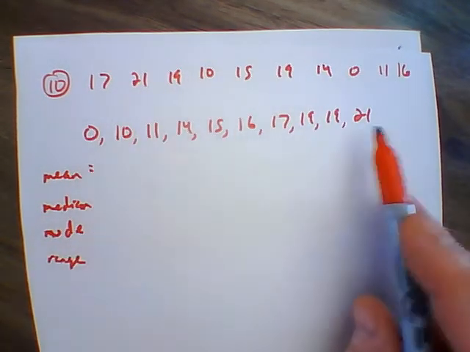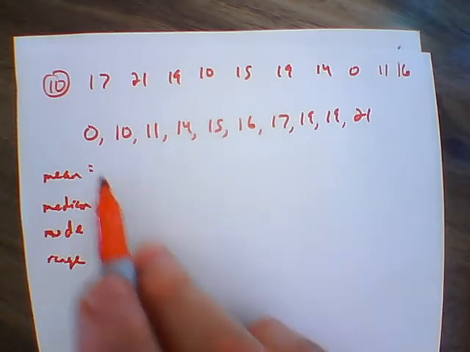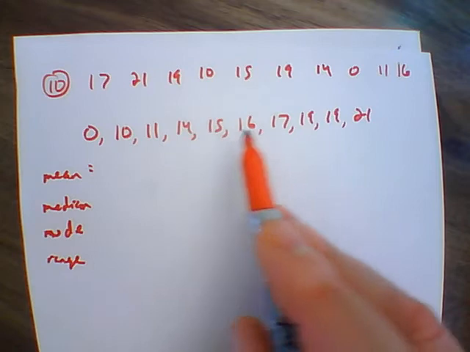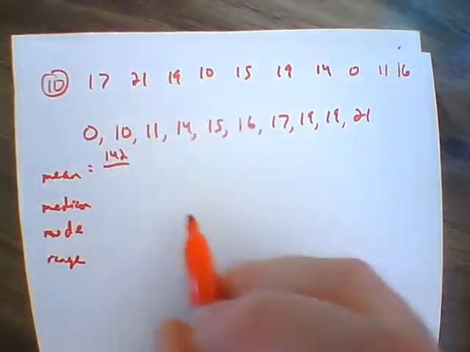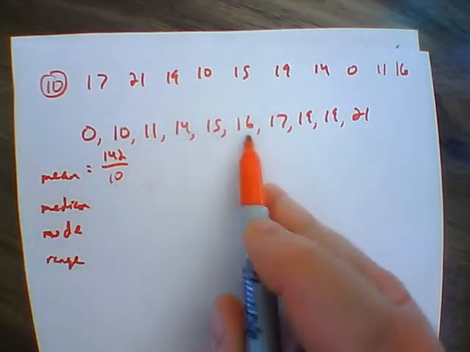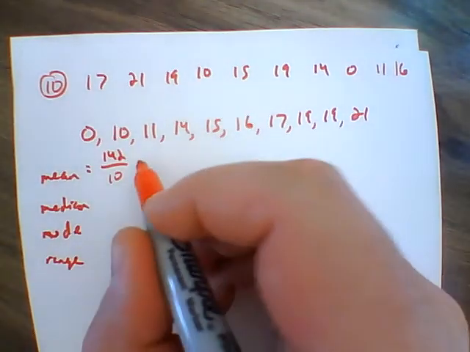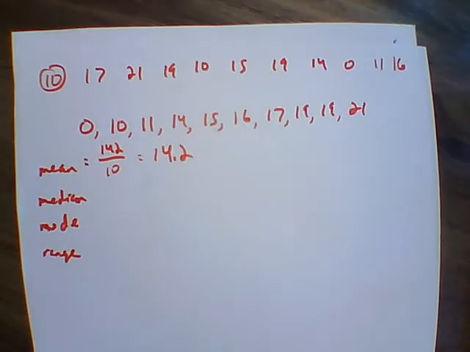I would write them in order from least to greatest, and then I would just go from there. So the mean, I'm going to add up all of these, which when I add this up, I get 142, and I'm going to divide it by 10, because there's 1, 2, 3, 4, 5, 6, 7, 8, 9, 10 numbers here. So we see that we have 14.2. Once again, just going to decimal for purposes of comparing.